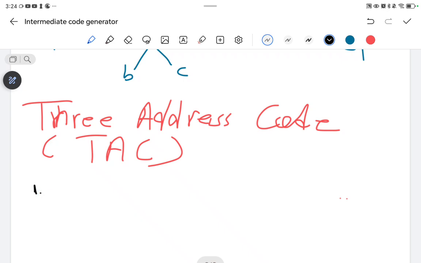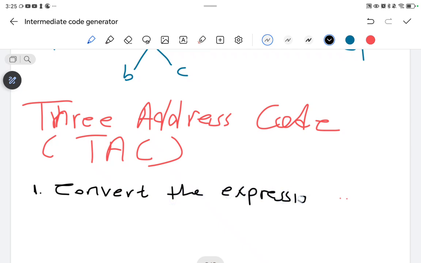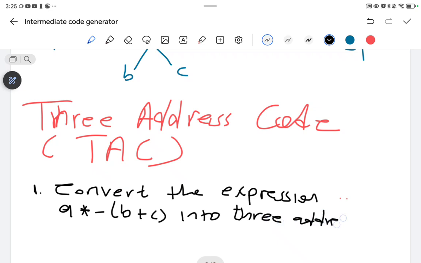First, they say we should convert this expression, a star minus b plus c, into 3 address code, which is also called TAC.